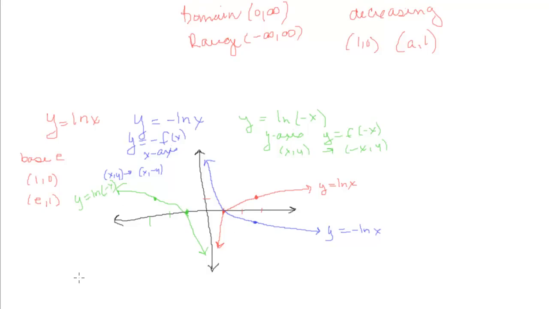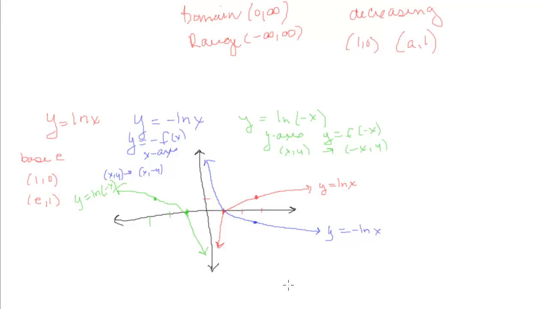And take a quick look at the domain and range for each. So let's start with y equals the natural log of x. So the red function, the domain is the positive reals, so from 0 to infinity. And the range, it goes up and down forever, so that's negative infinity to infinity. The same would be true of negative natural log of x.